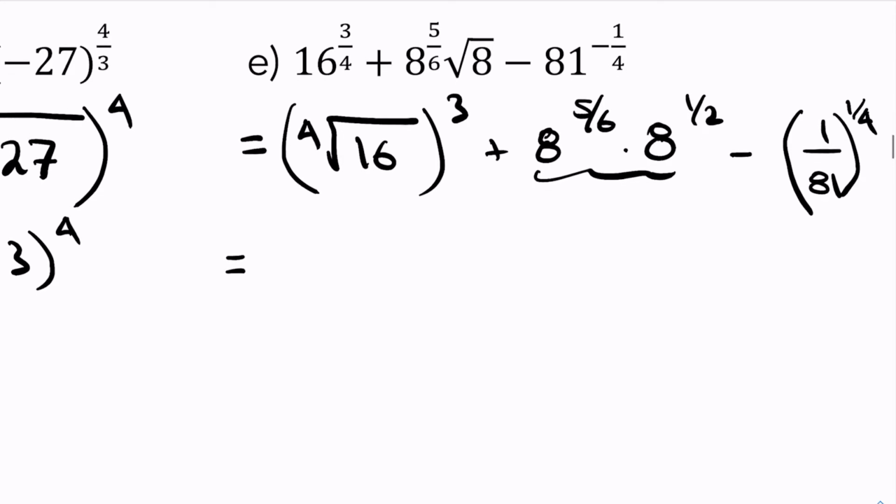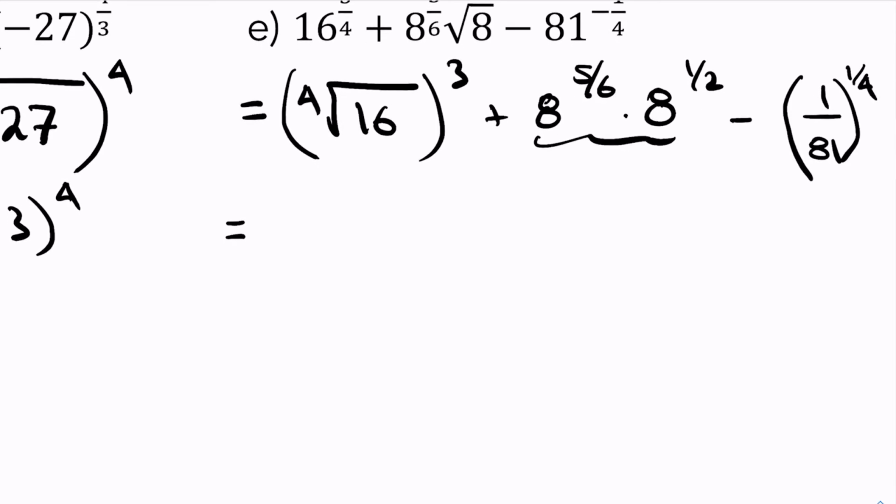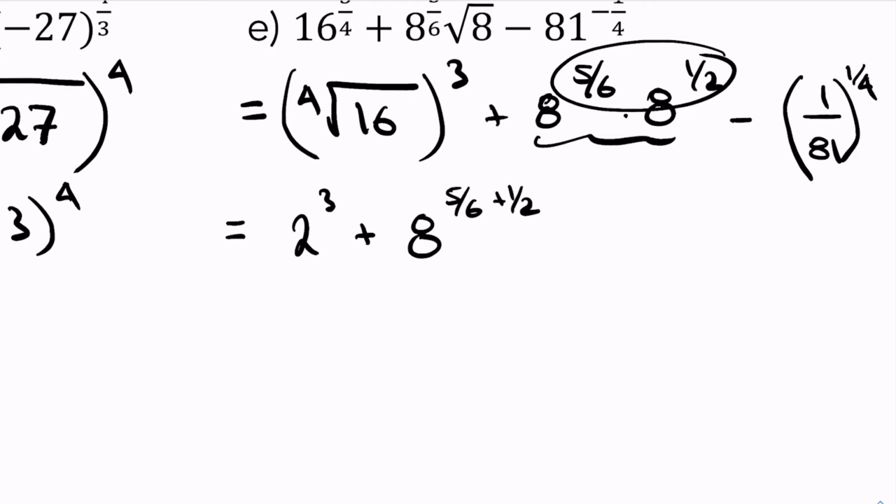Let's do our evaluation now. So the 4th root of 16 is going to be 2 cubed plus, this will become 8 to the exponent, and again I'm adding these together because when I have the same base I add exponents. So 5 over 6 plus 1 over 2 minus the 4th root of 81 and 1. So the 4th root of 1 is 1, and the 4th root of 81 is going to be 3.